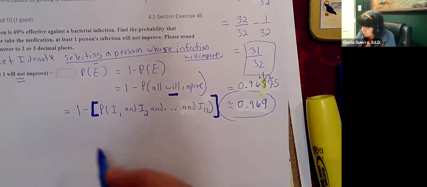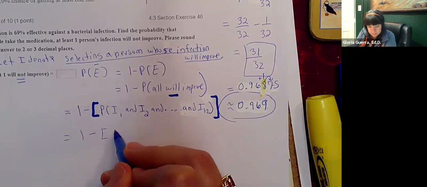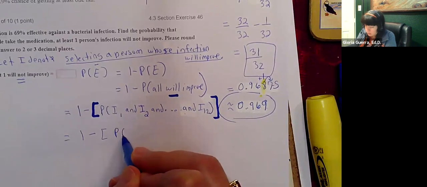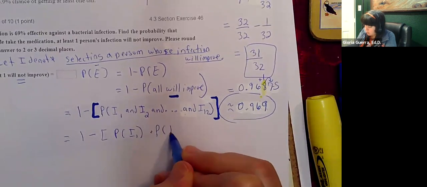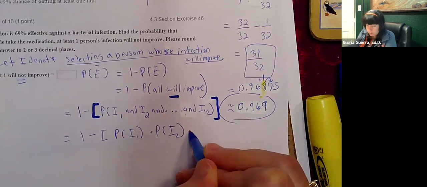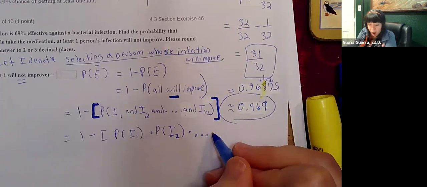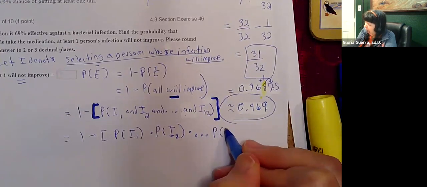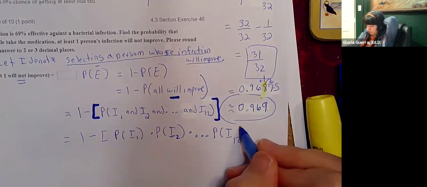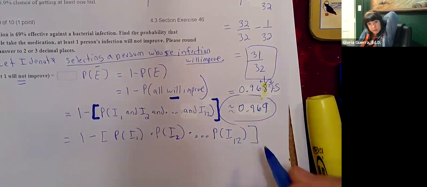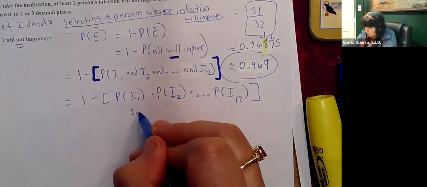Okay, so then this is 1 minus probability of I sub 1, times probability of I sub 2, times dot, dot, dot, all the way to the last one, I12. Remember there's 12 people already selected. Then I'm going to do my substitution.